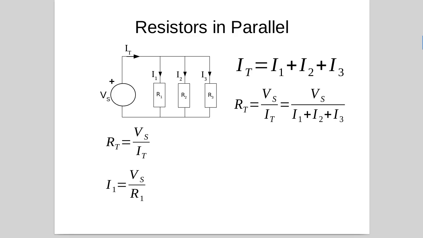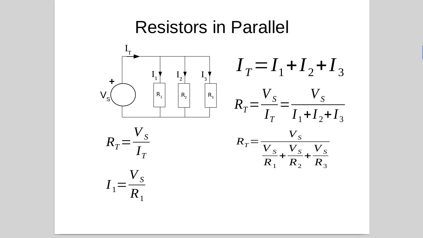Now going back to Ohm's law, we know that the current in resistor 1 is the supply voltage divided by R1. Note that all the resistors are connected directly across the supply, so the voltage across each of them is Vs. So I1 is Vs on R1, I2 is Vs on R2, I3 is Vs on R3.